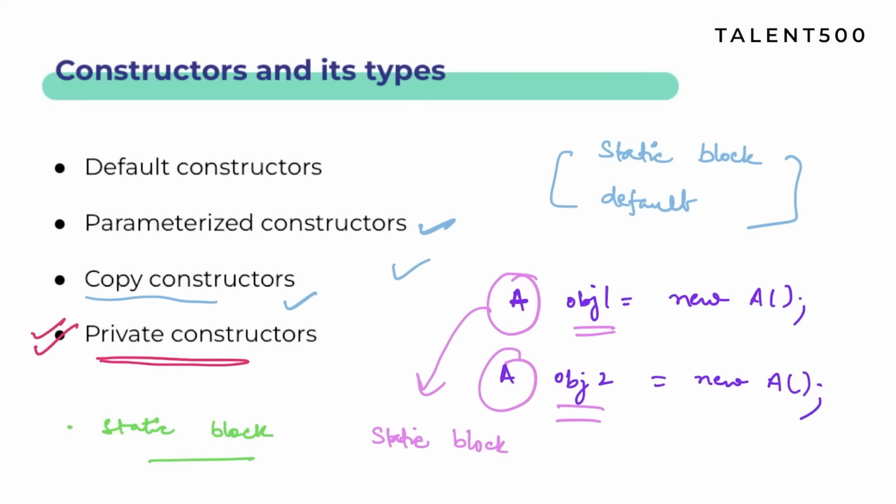After the static block, your default will get executed. And like I said, static will get executed only once, so static will not get executed again, just default will get executed.